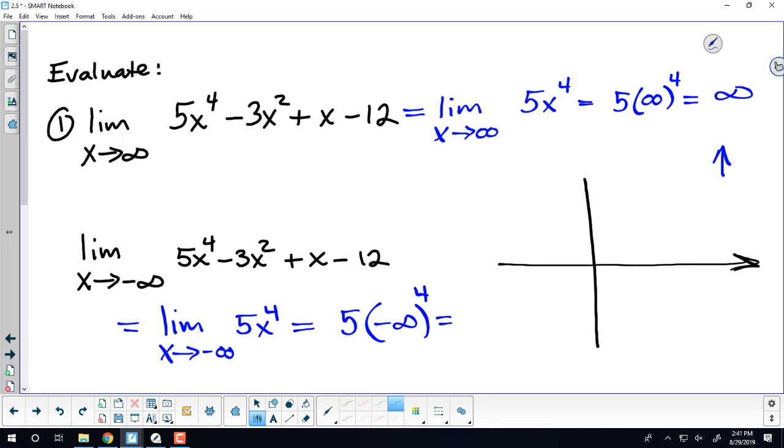Positive infinity, because negative infinity to the fourth is now positive. Infinity times 5 is still infinity. So that tells us that as we go out in this direction, the function values are getting larger and larger in this direction.